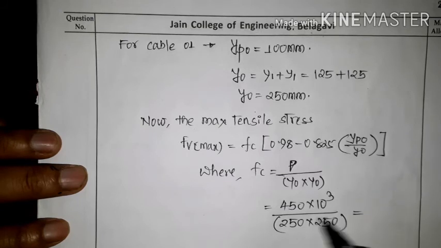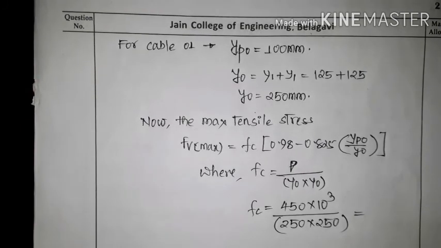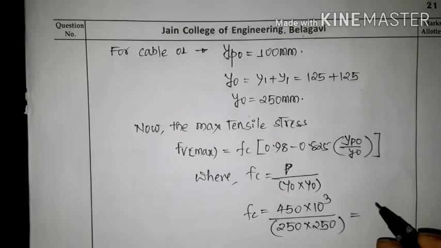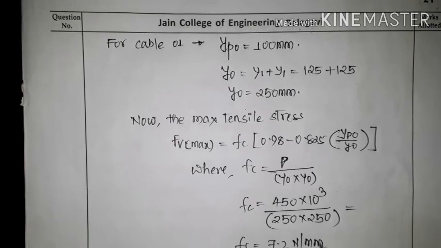So Fc is given by P divided by the area of the prism. Area of the prism is Y naught into Y naught. Understood? So therefore we'll get Fc is equal to 7.2 Newton per mm square.